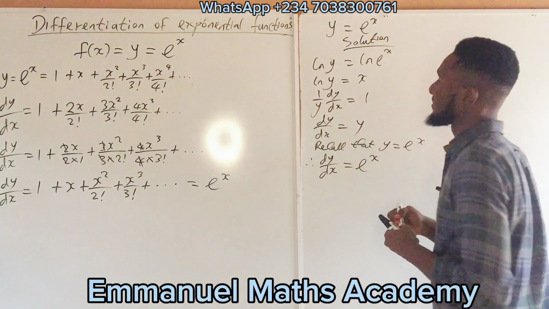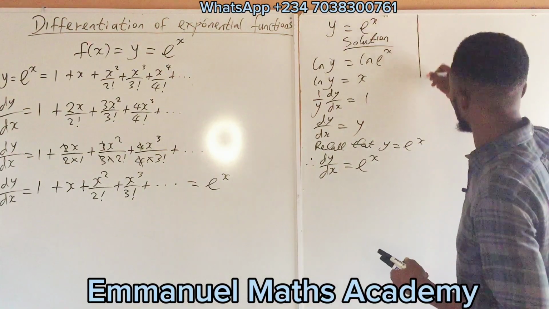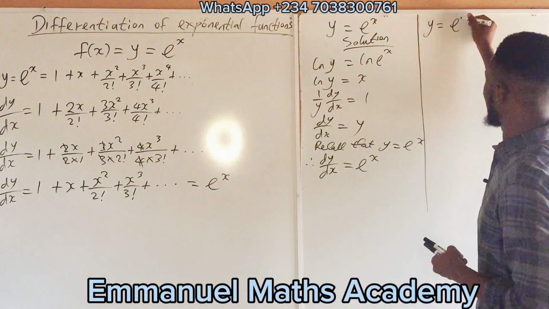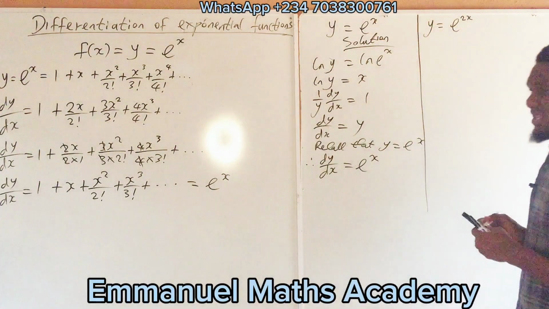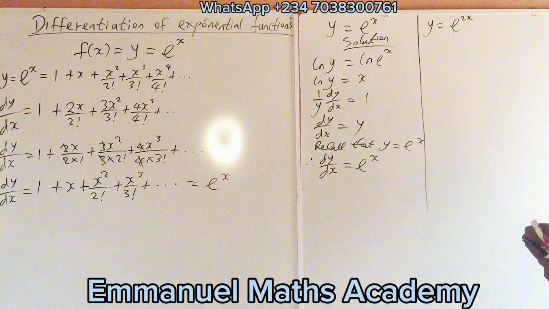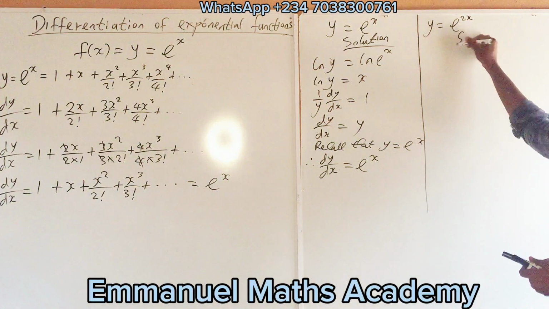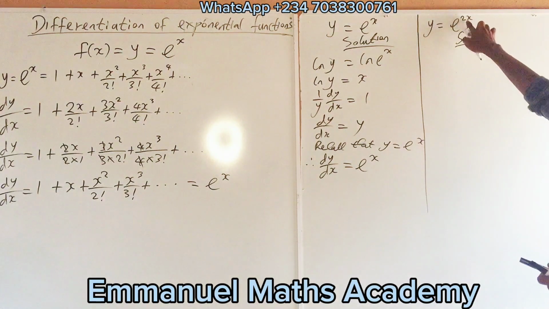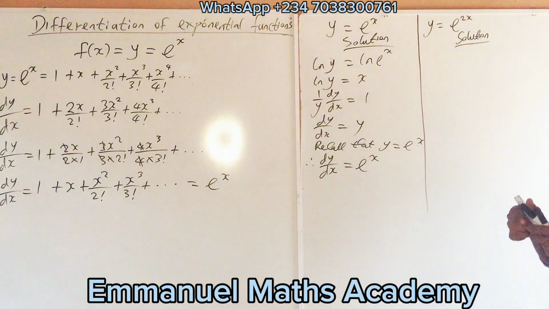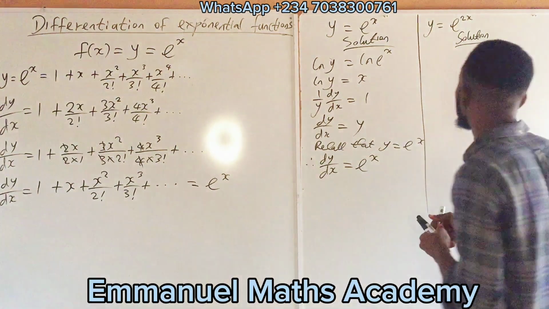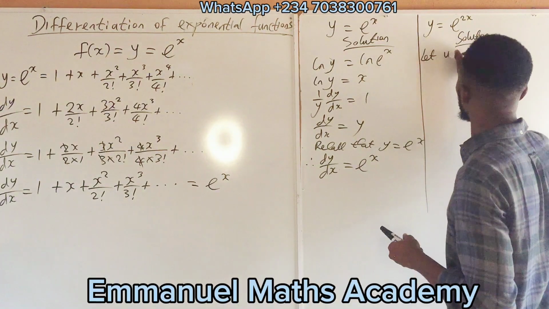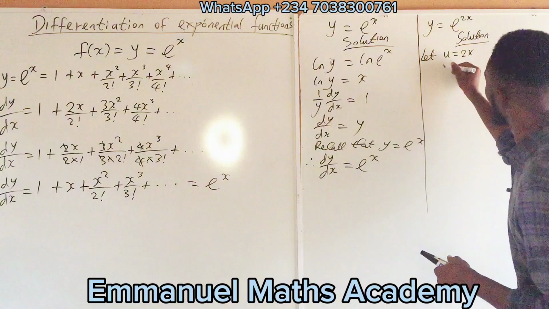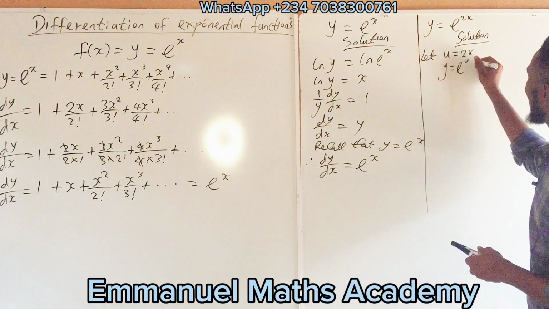As simple as that. Now let's look at this example. What if you are given y equal to exponential 2x? How do we go about this? What we do is you let a letter u be this. You just apply the knowledge of chain rule, right? You say let u equal to 2x. Automatically our y will now be exponential u.